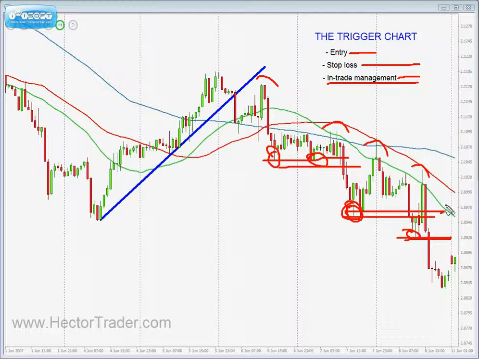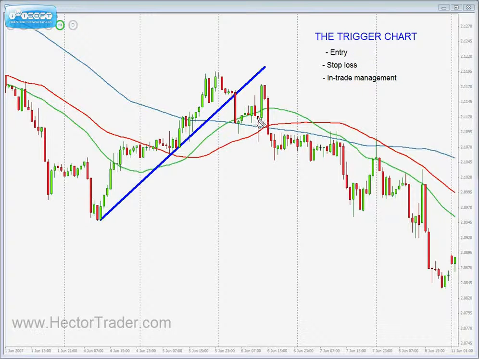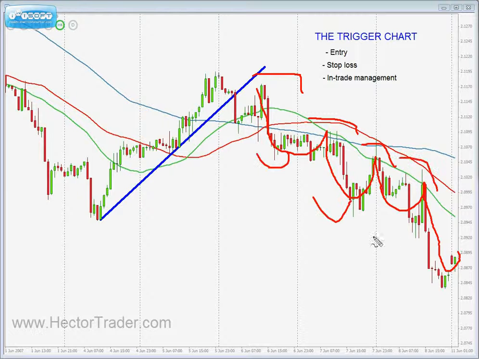From an in-trade management point of view, the trade is still healthy. We have not taken out previous highs on the setup chart. Price is actually very harmonically swinging up and down, making lower highs and making lower lows.